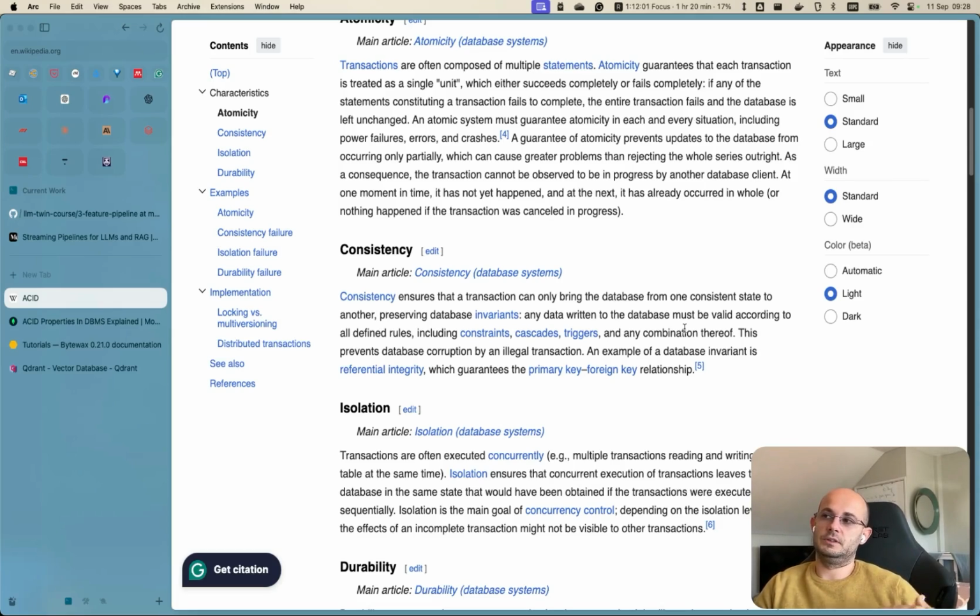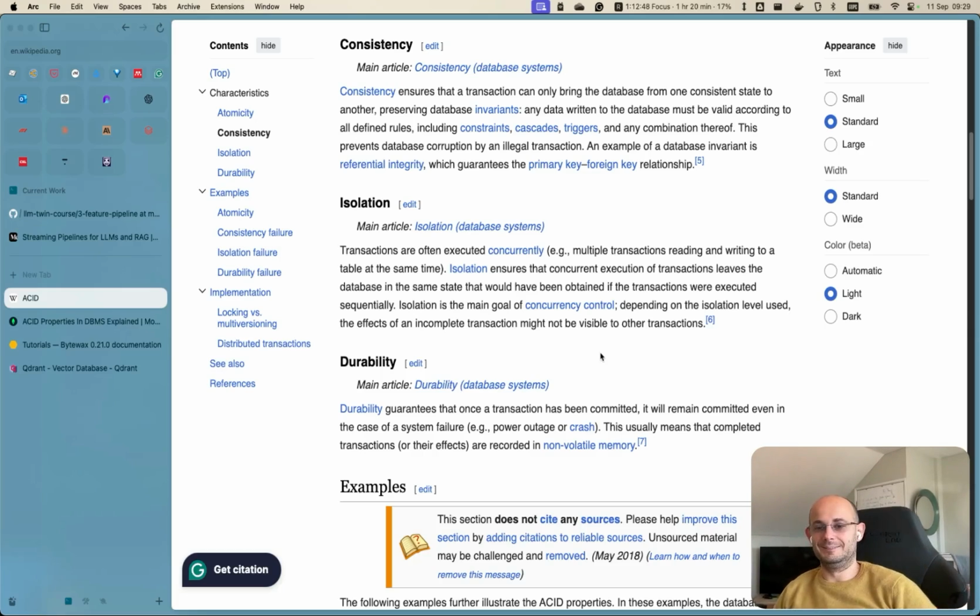And given the nature of atomicity, if you're adding 10 records, only one of them is going to put the database in an inconsistent state. The other 9 are correct, but the transaction will fail because, again, you can't put the database in an inconsistent state. And due to the atomicity, all 10 will fail.